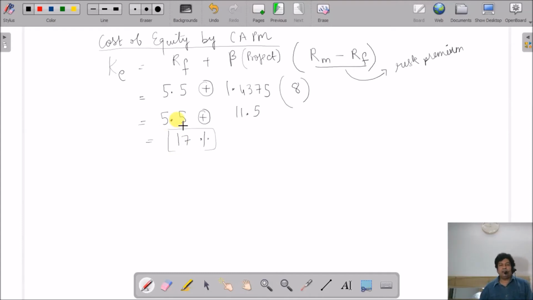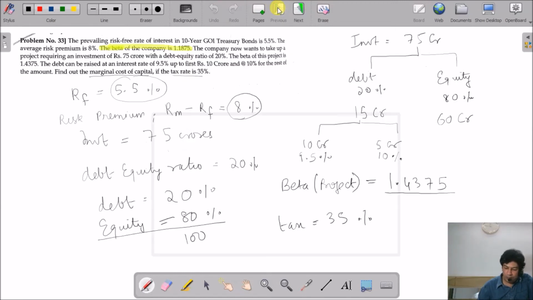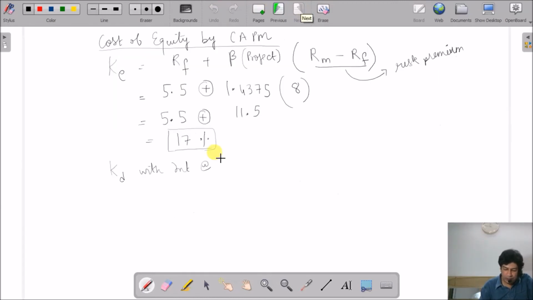So what I have done is that I have found the cost of equity. Now I am moving to find the cost of debt with interest at the rate of 9.5%.